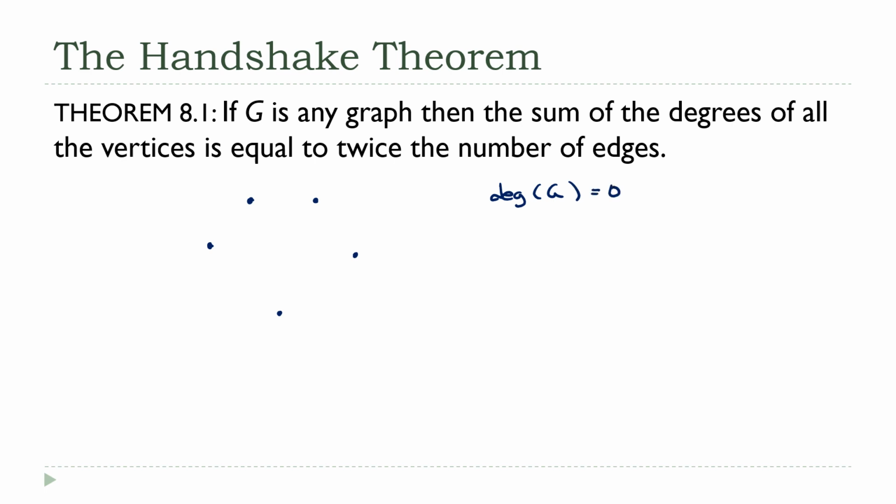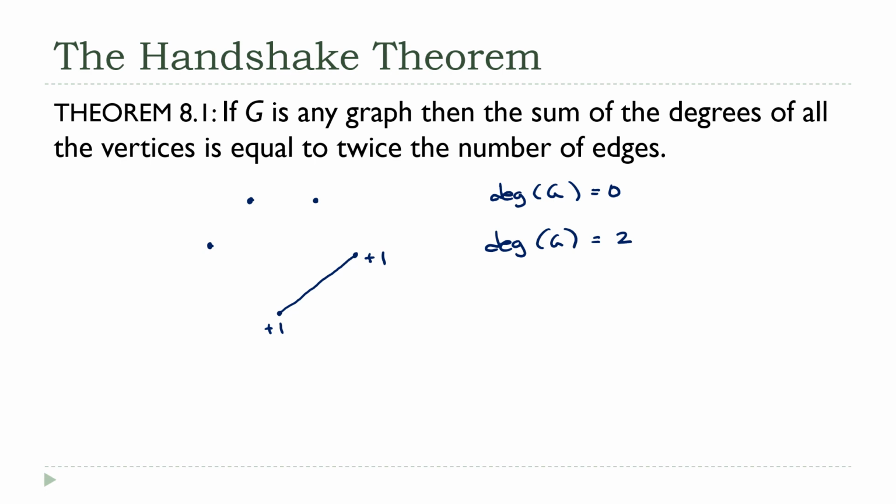Now, what happens when we start adding edges? Well, every time I add an edge, it connects 2 vertices. So the degree of that vertex went up by 1, and the degree of this vertex went up by 1, which means the total degree of the graph went up by 2.